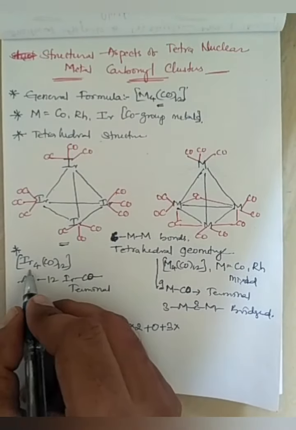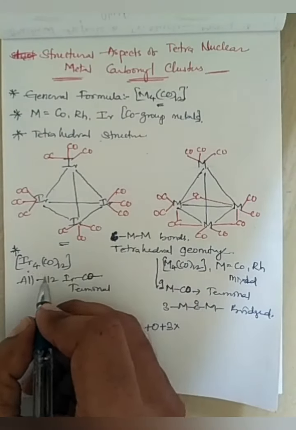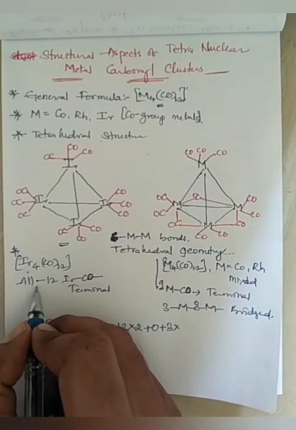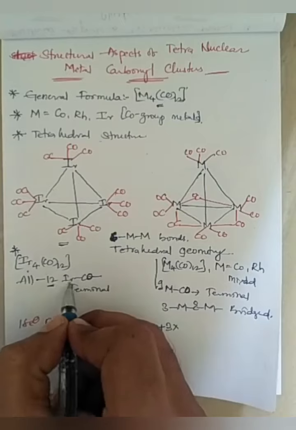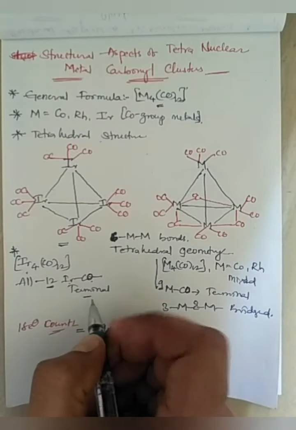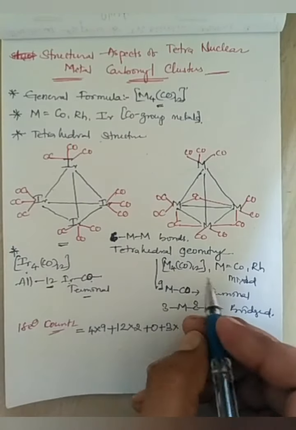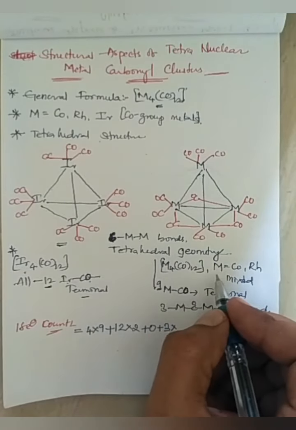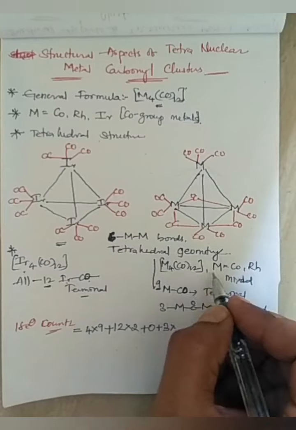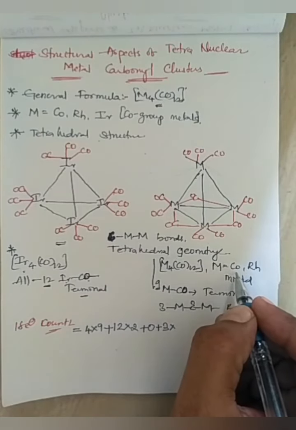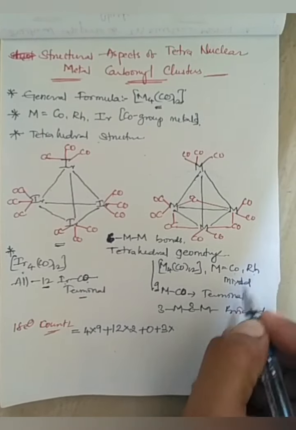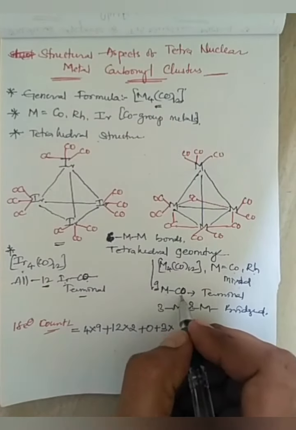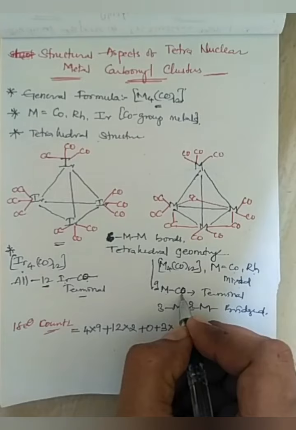And when it comes to the iridium complex, the dodecacarbonyl tetrairidium cluster, it has all 12 iridium to carbonyl terminal bonds. In the dodecacarbonyl tetranuclear metal carbonyl cluster, where the metal may be cobalt, rhodium, or mixed metal, the metal to carbonyl bonds will be of two types.